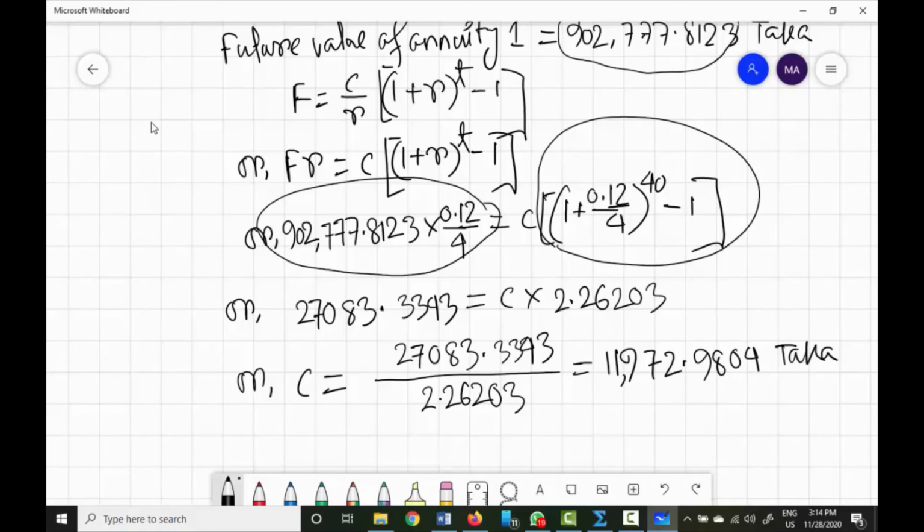So that means 11,972. So if you save 11,972 taka 98 paisa at the end of every quarter up to 10 years, then after your retirement period you will receive 60,000 taka at the end of each 6-month period for 20 years. Right, so that's the answer.